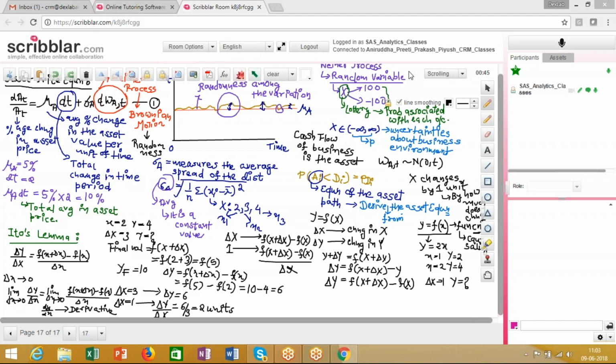Okay, great. So this is what derivatives are. Now in tomorrow's session, we'll continue with Ito's lemma. We'll visit the structure of what a TTC PD is, what a point in time PD is, etc. So this is what we will take up in tomorrow's discussion.